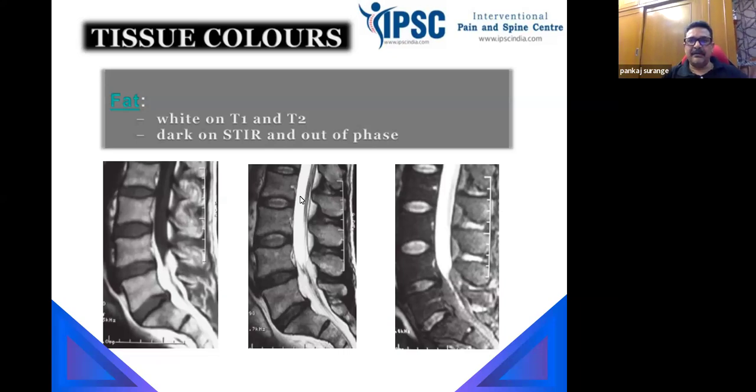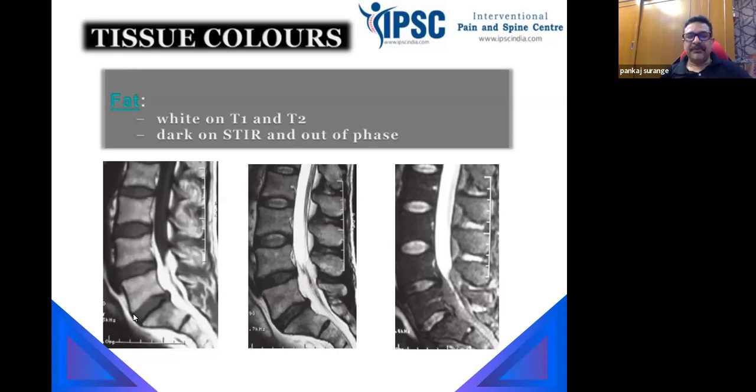Okay, clear? So the first thing we see is the CSF. CSF is white here, CSF is dark here. Look at this here. It is white over here, and white over here.